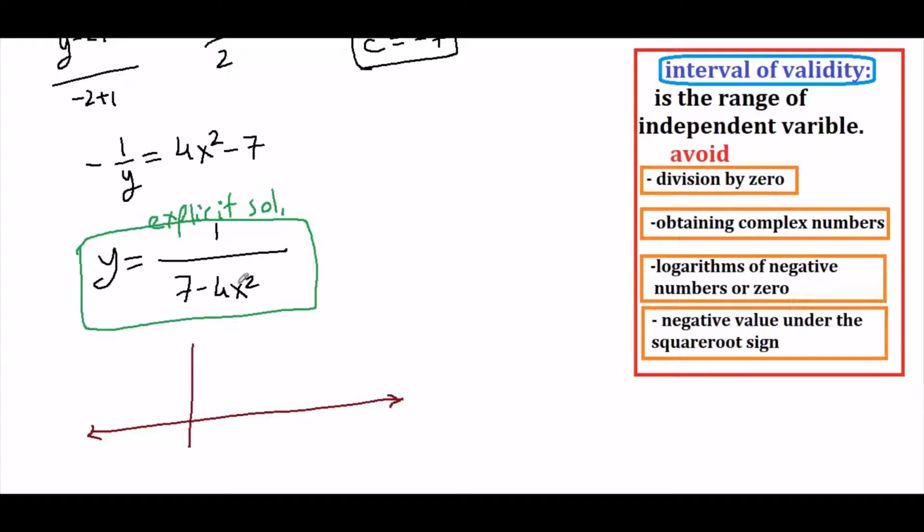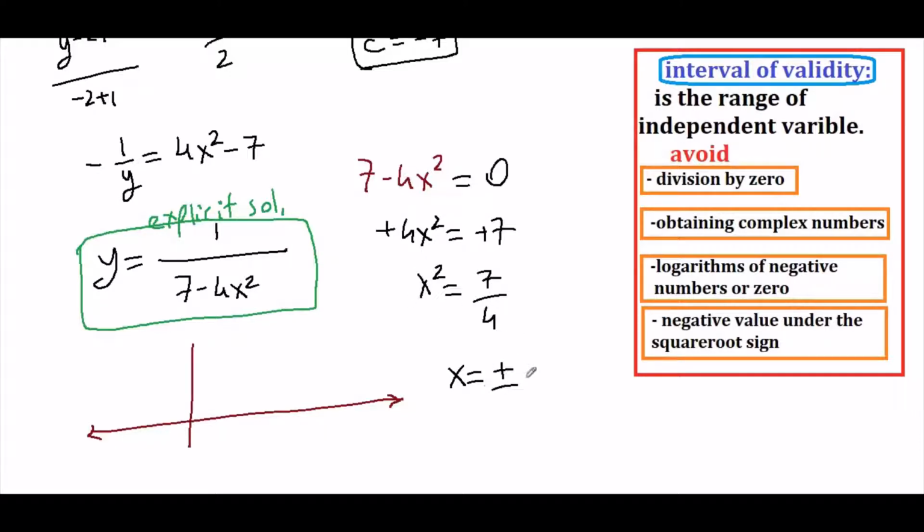So here we have a denominator, and we would like to find what makes this denominator 0, so we can avoid division by 0. So 7 minus 4x squared equals 0. We set it equal to 0 and solve for x. We subtract 7 on both sides, multiply by the negative sign, divide by 4, and take the square root.